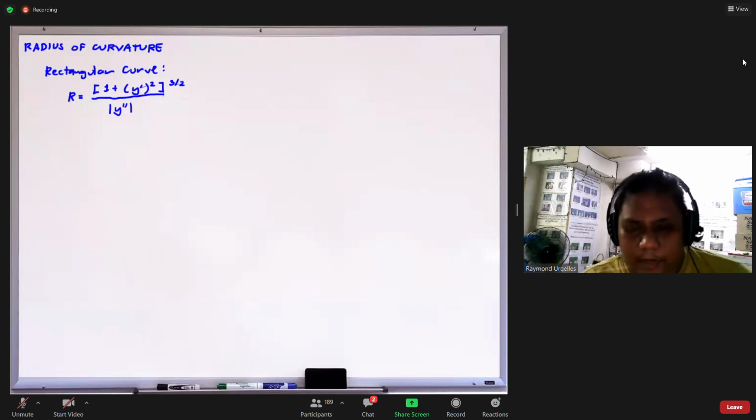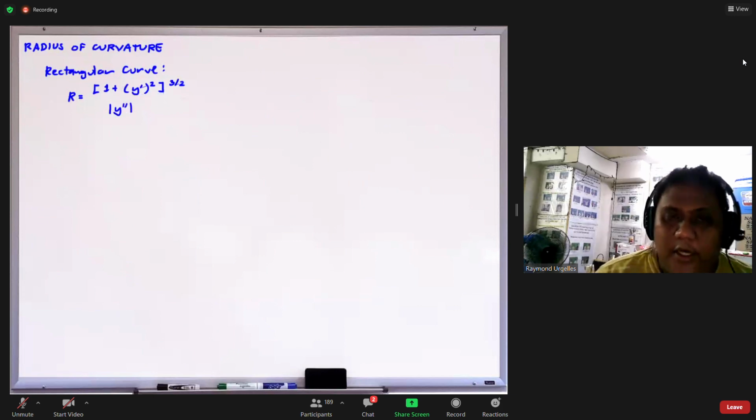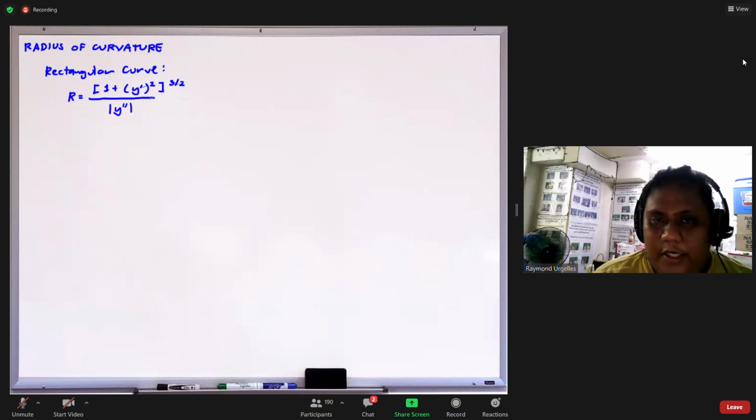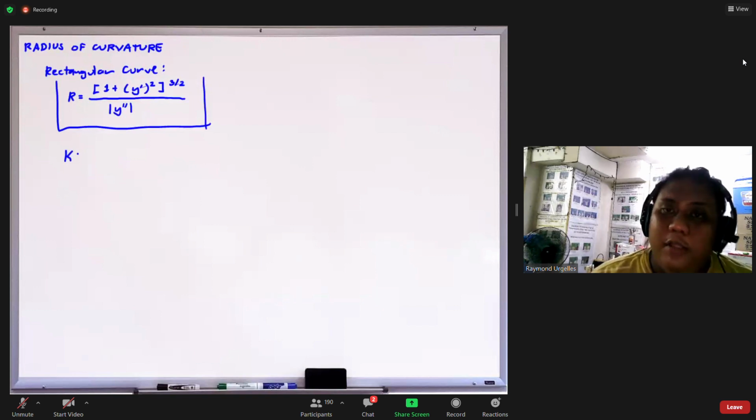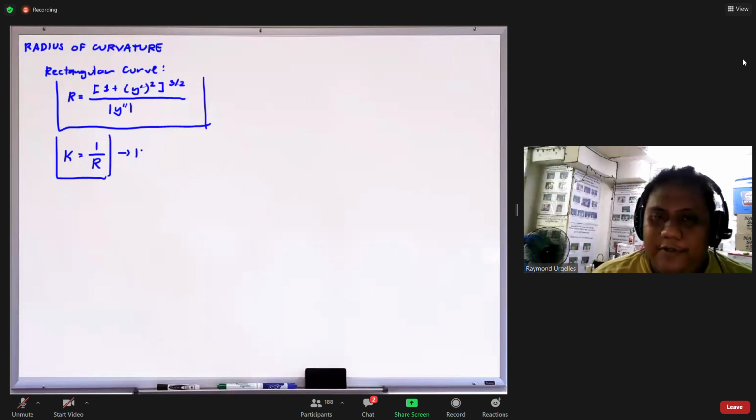So again, meron diyang absolute value kasi dapat yung radius of curvature is positive. Pag ang tinatanong sa atin is the curvature, which is denoted by K, i-reciprocal lang natin yung radius of curvature. So ito yung tinatawag natin curvature.